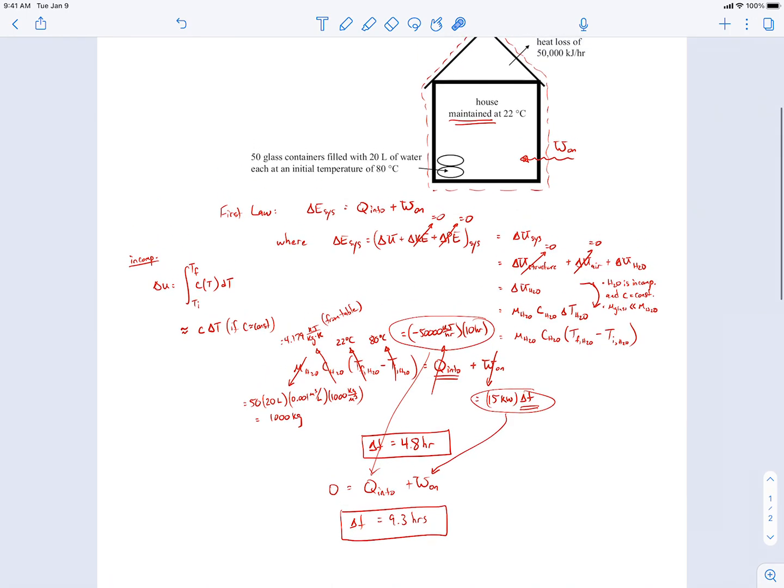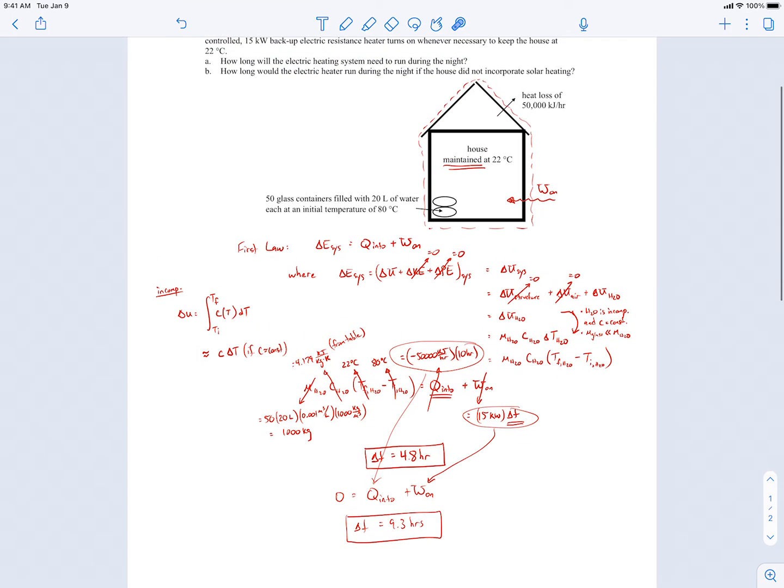Okay, so just to recap, this was a first law problem. We made the house our system. We wrote out the first law, recognized that the change in total energy of the system really is just the change in internal energy of the water, which was given down here. We assumed water was incompressible with a constant specific heat. The heat transfer was just found by multiplying this by the 10 hours.